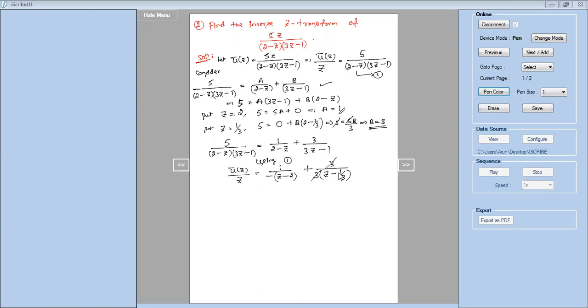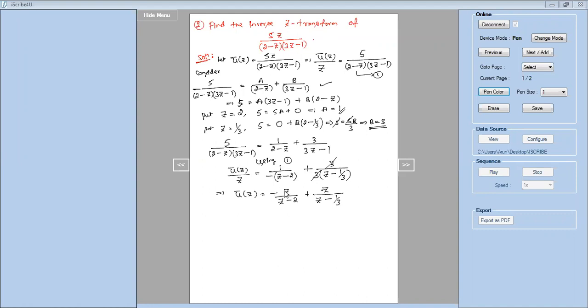So we get u bar of Z equals, I'll directly send this Z to the right hand side. So it becomes minus Z by Z minus 2 plus, if I send this to the second term, it becomes Z by Z minus 1 by 3. Right? So I'm sending this Z to the right hand side.